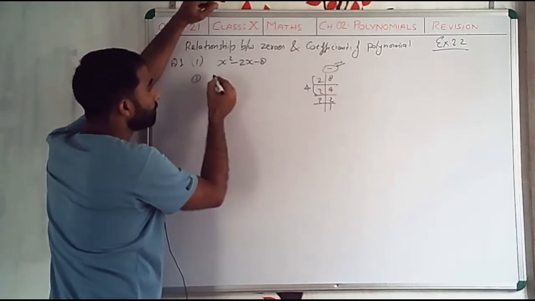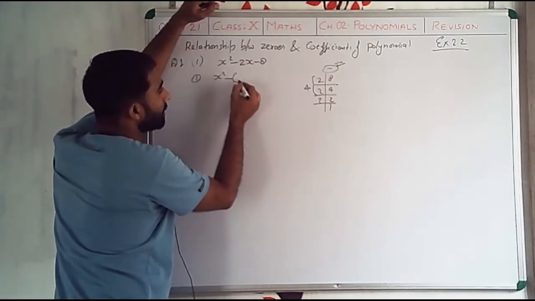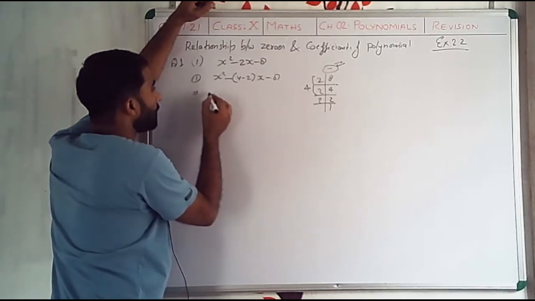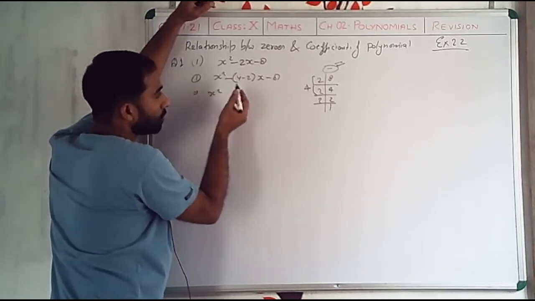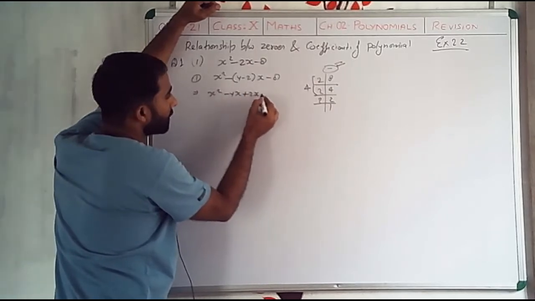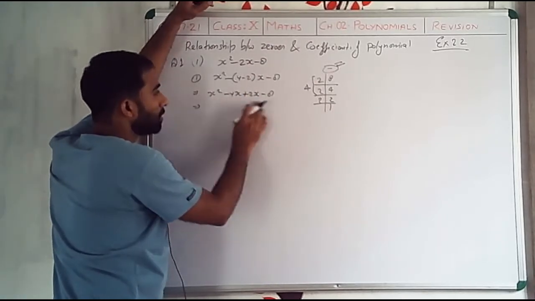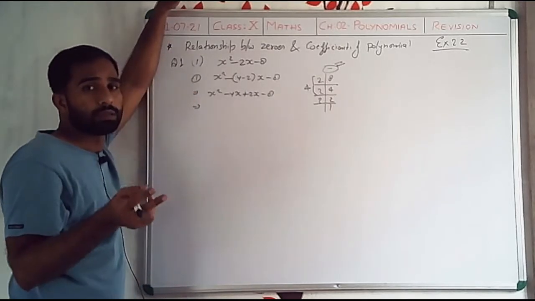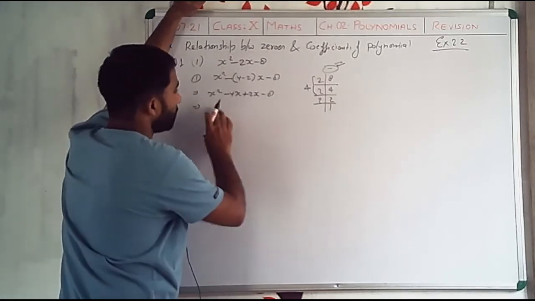So, let us see, x square minus 4x plus 2x minus 8. Now, there are 4 terms and we have to take common from 2 terms each.